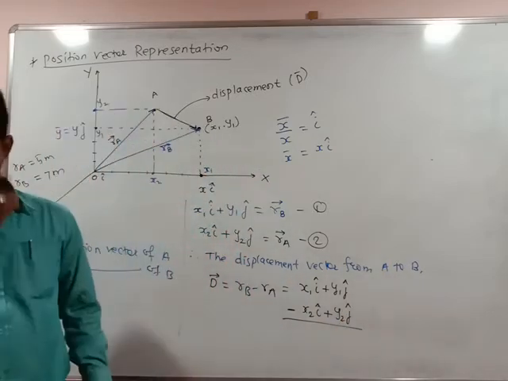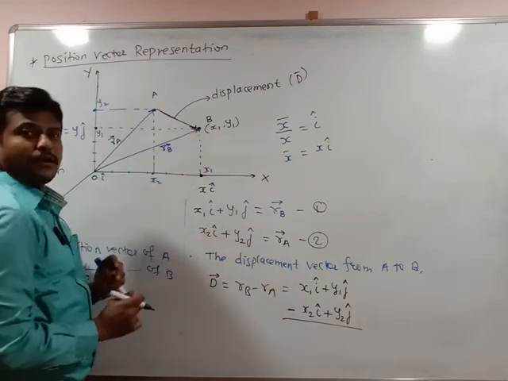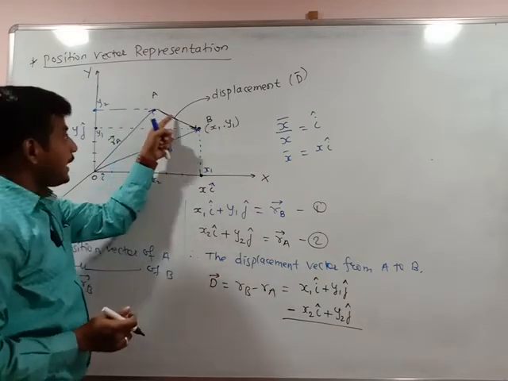Are you getting the point? RB minus RA gives the displacement of that object when moving from A to B.